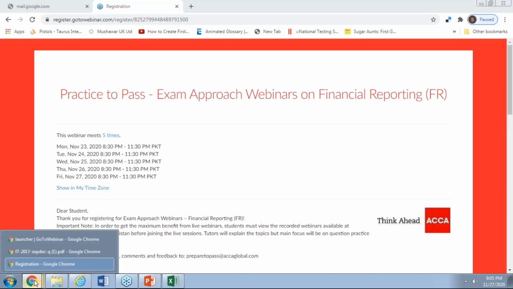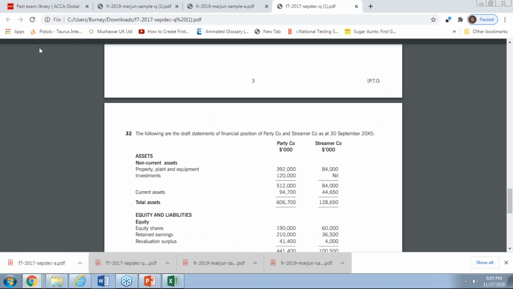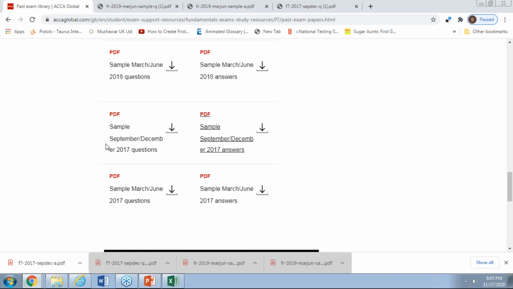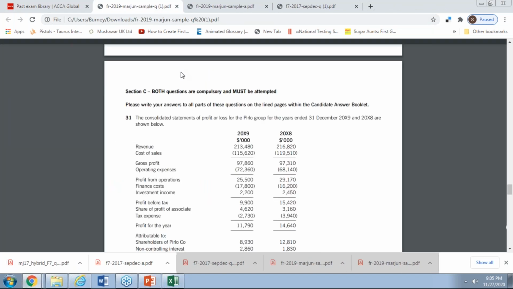And without attempting that note, we have balanced our income statement and balance sheet. So I think it might be from the March paper.